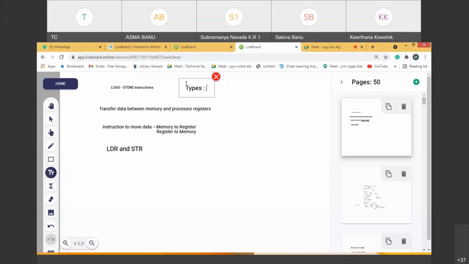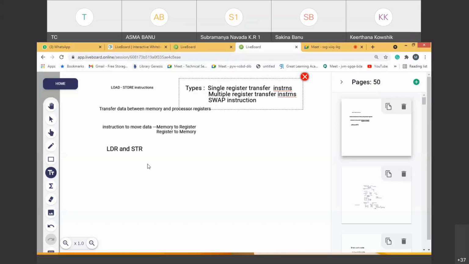Importantly, for the exam point of view also: single register transfer instructions, multiple register transfer instructions, and swap instructions. So these are the instructions.